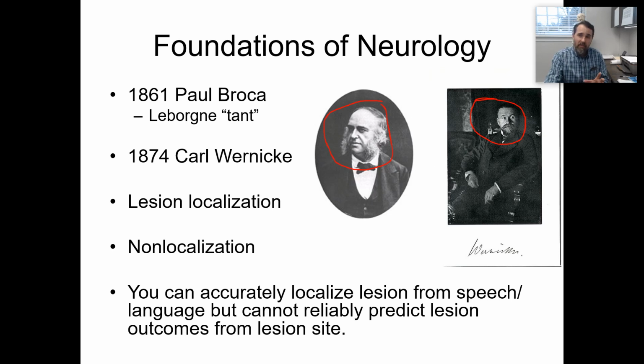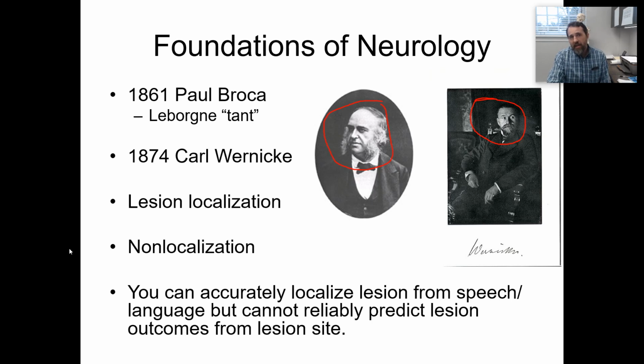Now, this works easily for language, which is why language was sort of the first thing that was studied so in depth and for so long during this period of time when there really wasn't the technology to study the brain in any other way.